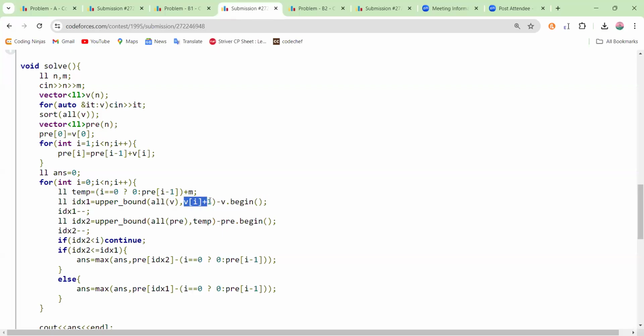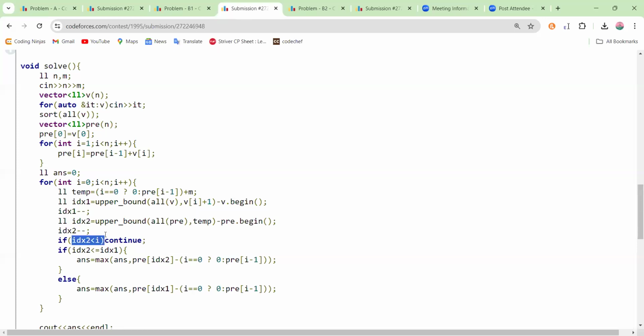I am calculating the upper bound of v of I plus 1 and then doing idx 1 minus minus. So this index 1 will return the maximum index up to which I can take in that vector. Now index 2 is for the prefix array. In the prefix array, what is the maximum index till which we can take? So calculating that, similarly the upper bound of temp and doing index 2 minus minus.